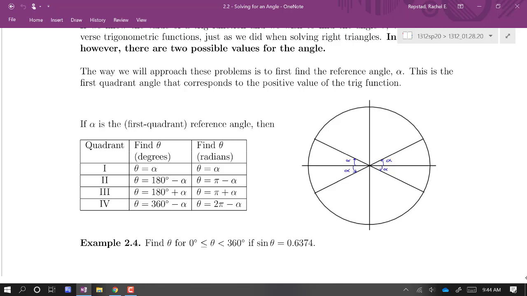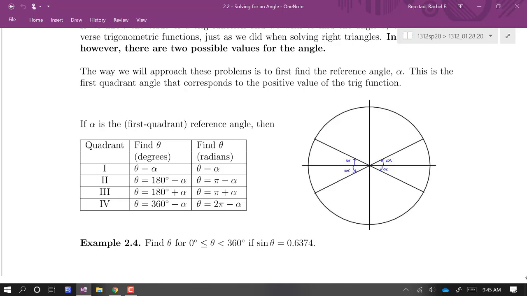When you're finding the angle that you're looking for, you have to first get everything in terms of a reference angle. If my angle is in the first quadrant, my angle theta is the reference angle alpha. If it's in the second quadrant, then here's my reference angle. A reference angle is always measured from the x-axis, never from the y.